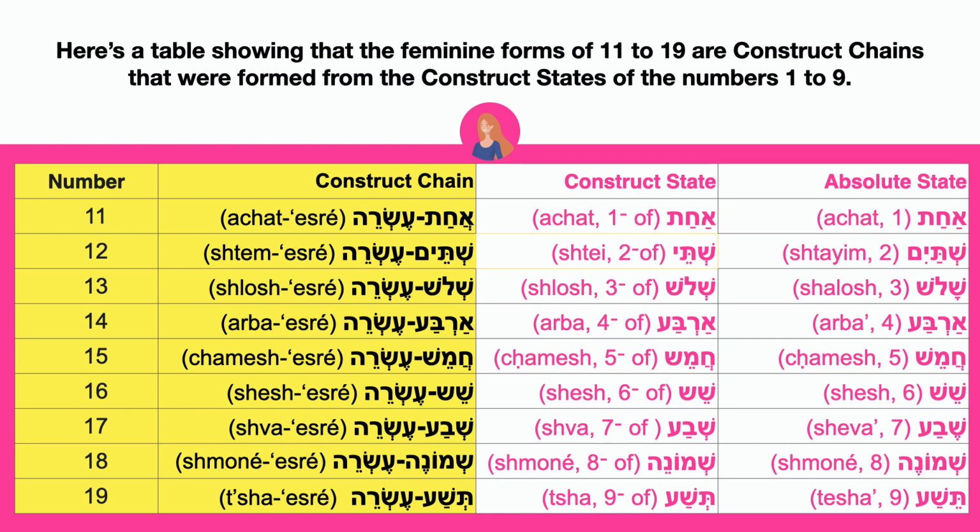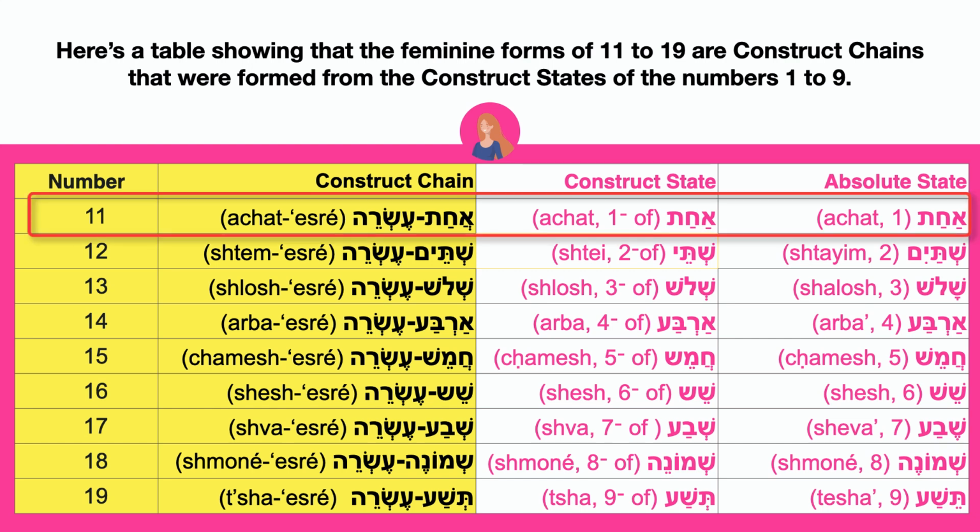Okay, so now that we know the fundamental rules for 11 up to 19, let's see each of these numbers. In the feminine forms, the feminine form of 11 is achat esre.